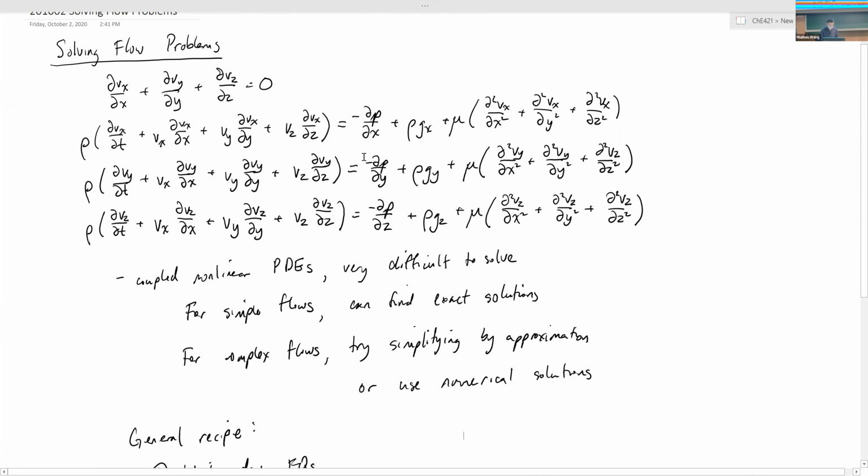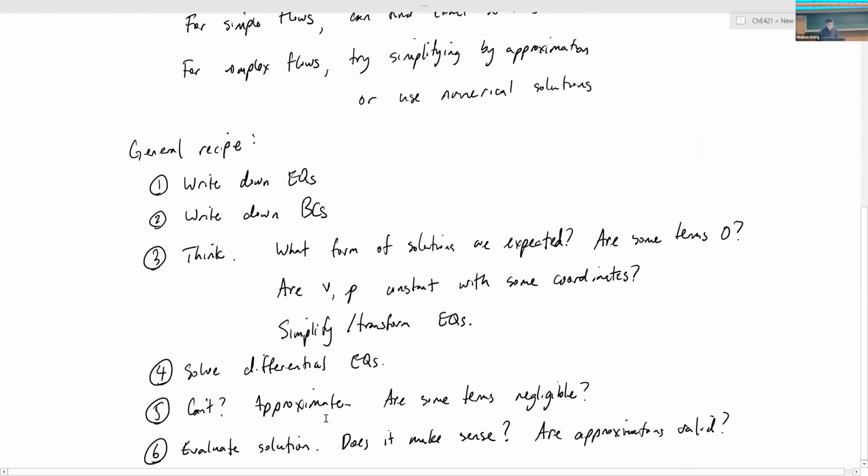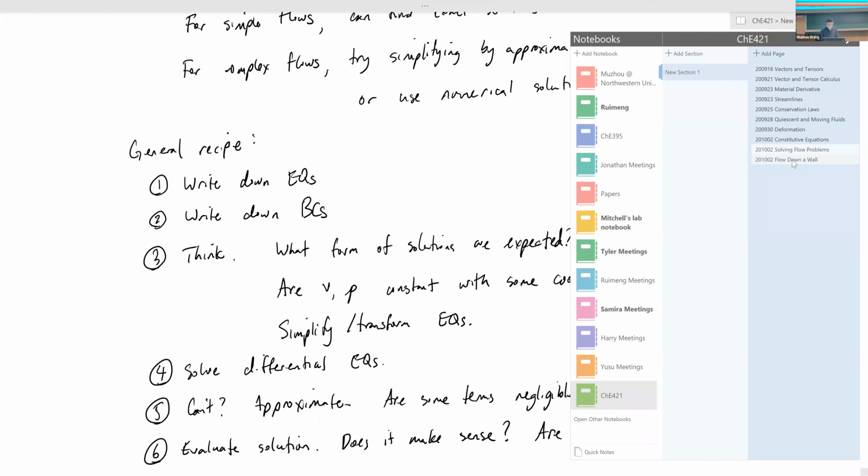They're quite complicated, but we had a general recipe for solving them, which we started on Friday in solving our first flow problem. Write down equations and boundary conditions, simplify the problem by thinking about it a little bit. And then what we're going to do today is steps 4, 5, and 6, basically solving the differential equations and then evaluating the solution. And so here's where we were on Friday.